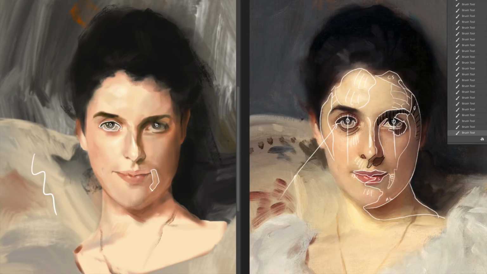Upper lip is a shadow. That's the light side. And then that's the accent where the two lips touch. I know all those lines are a little confusing, but what I'm trying to show you are the shadow shapes and just shapes in general, like this eyebrow. Again, it blends in.